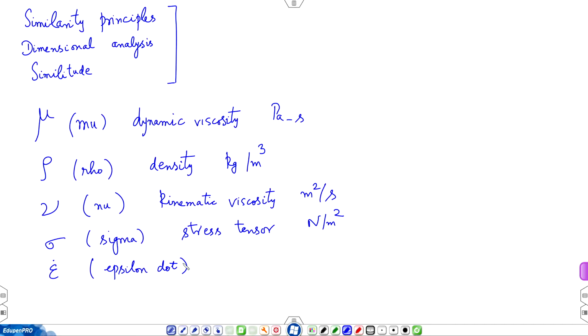This epsilon represents strain, but the fluid response to an applied stress is flow, which is strain rate. So, it is epsilon dot, you can see a dot above.